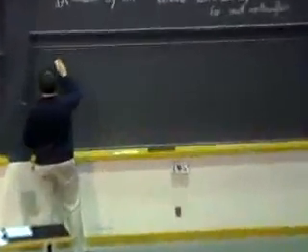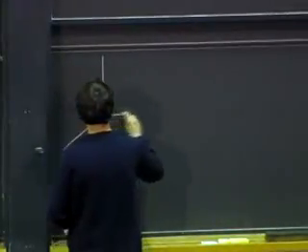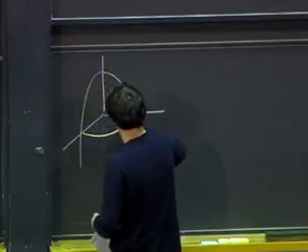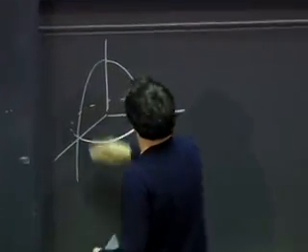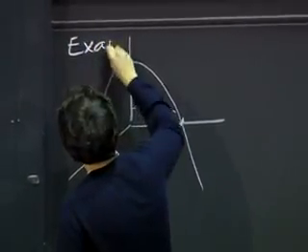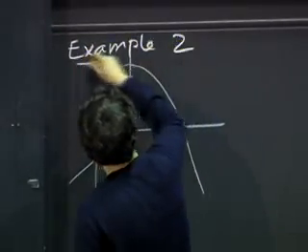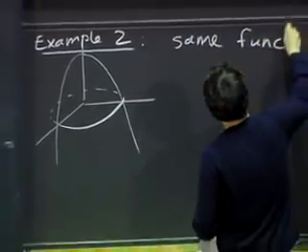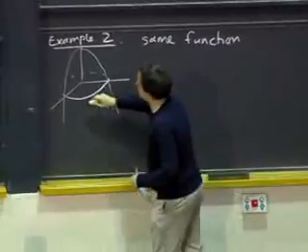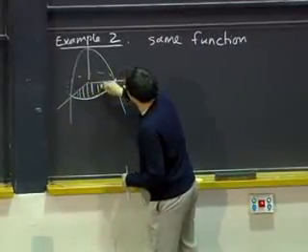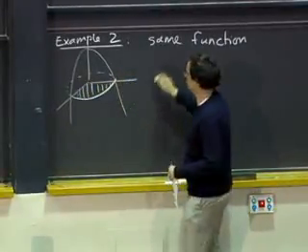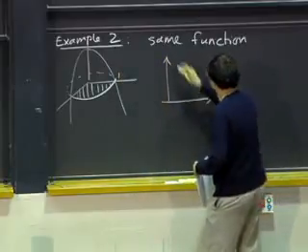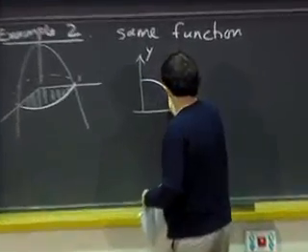So let's say I wanted to integrate, actually, so let's call this example 2. It's the same. We're going to do the same function, but over a different region. And the region will just be now this quarter disk here. So maybe I should draw a picture in the xy plane.